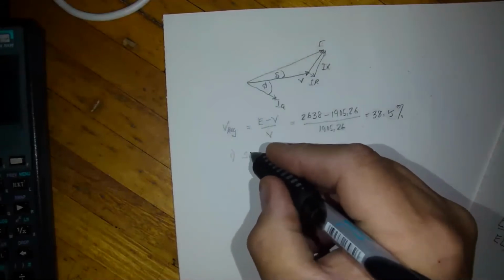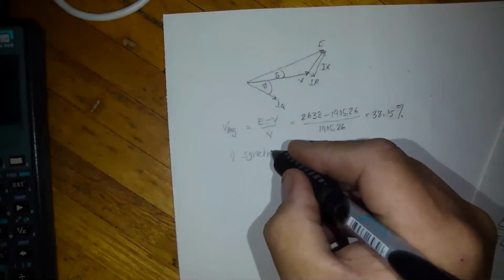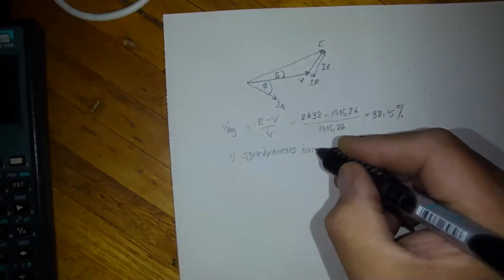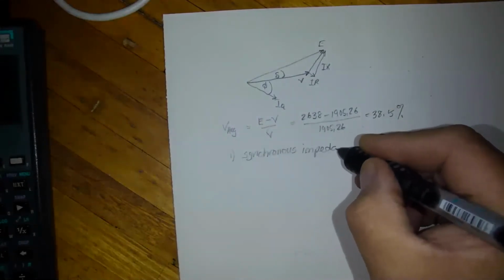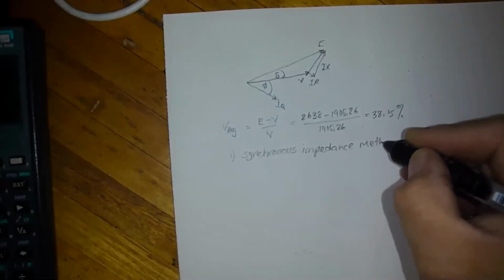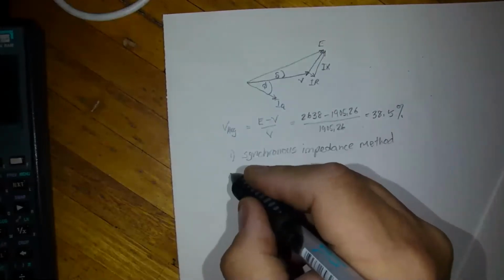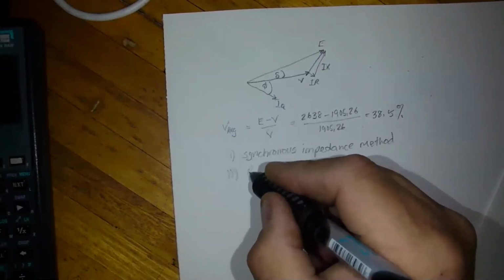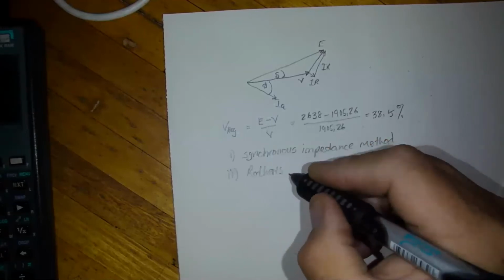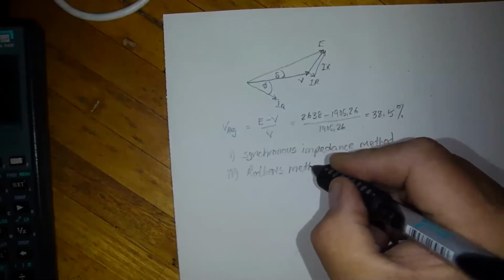One is the synchronous impedance, and 2 is the Rother's method.